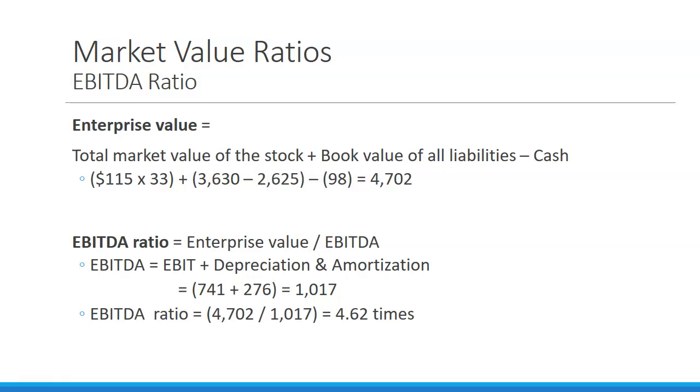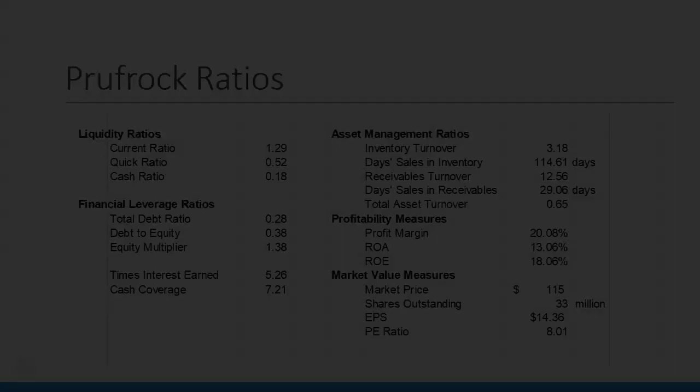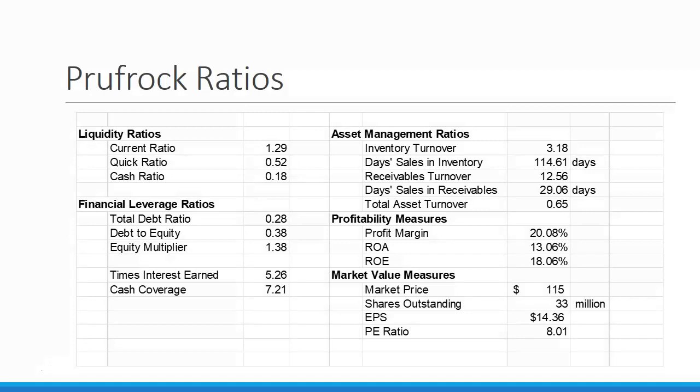So we need to take our earnings before interest and taxes and add back depreciation and amortization to get our EBITDA. The EBITDA ratio is the enterprise value divided by EBITDA, or 4.62 times.